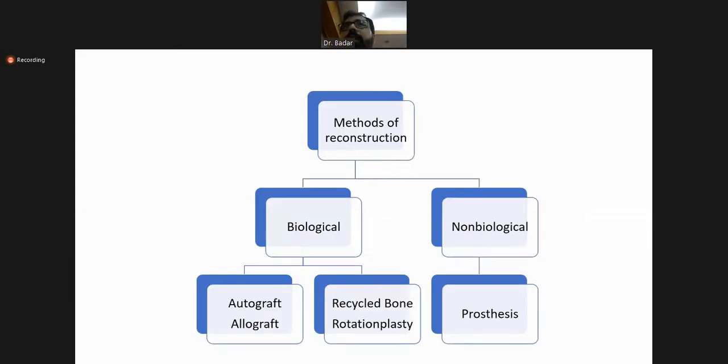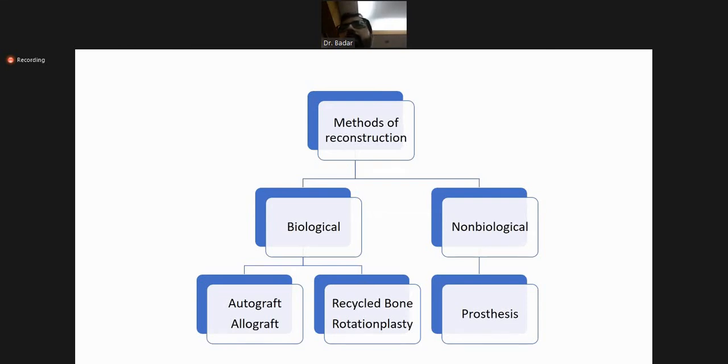So once you resect the bone, you need to do the reconstruction with some method. Either you want to do a biological method or a non-biological method. So biological means you put bone, either an autograft by taking some bone from another part of the body, or an allograft, where you preserve the bone in the bone bank and reimplant it, or some other methods of putting bone.